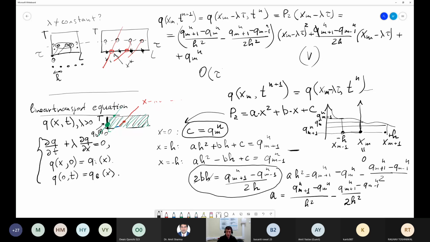O of tau squared plus h squared, where tau is the time step and h is a spatial step. This property is the internal property of the grid characteristic method.